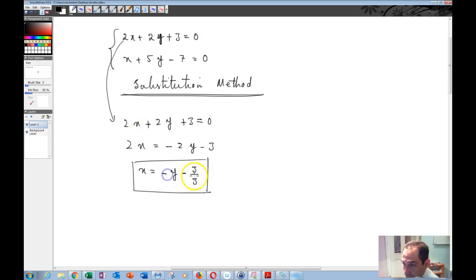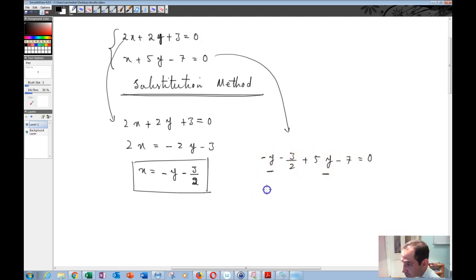Then you can substitute this value of x in the second equation, meaning that instead of x you write negative y minus 3 by 2, plus 5y minus 7 is equal to 0. And now in this equation you have only y, so it's an equation in one variable, and then you can solve it.